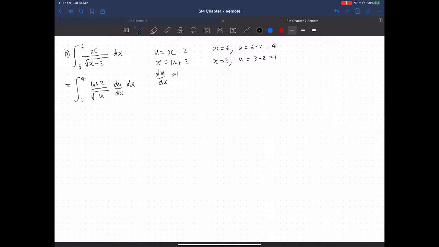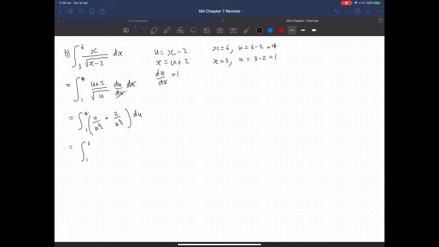So now we're going to do a little bit of tidying up. In effect, the dx is cancelled. That gives us the integral from 1 to 4 of u on u to the half, the square root of u is u to the half, plus 2 over u to the half du.